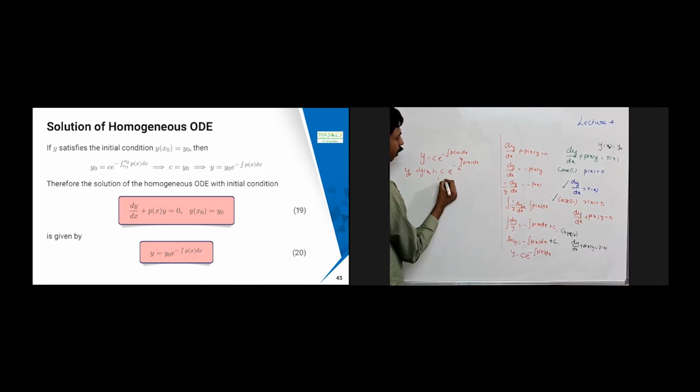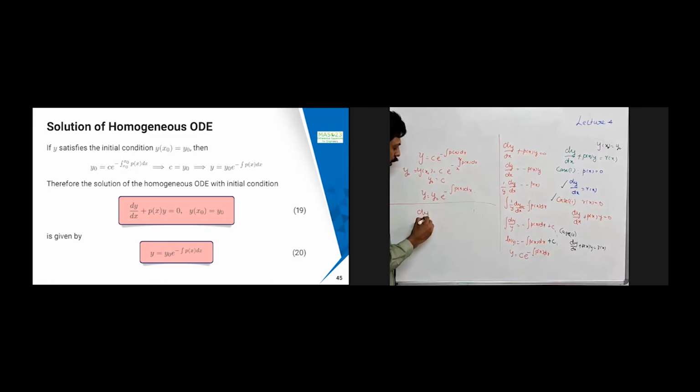But this integral is 0, so c e^0 = c, since e^0 is 1. Therefore c = y0, and my y becomes y0 e^(-∫p(x)dx).